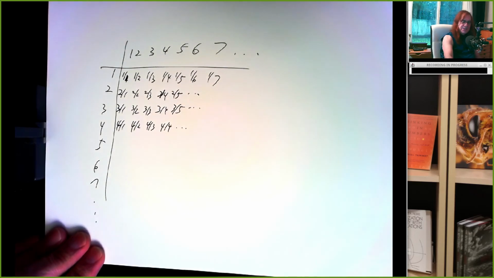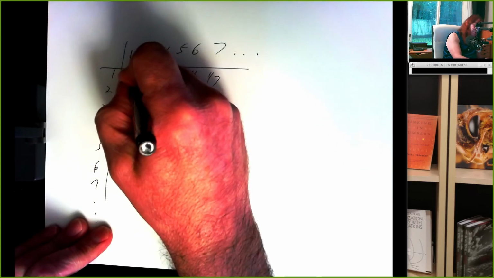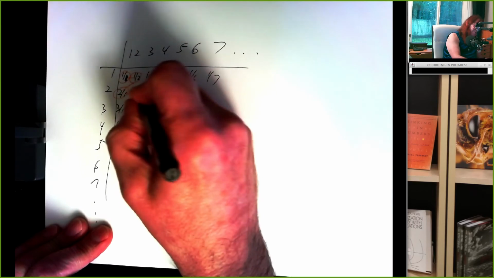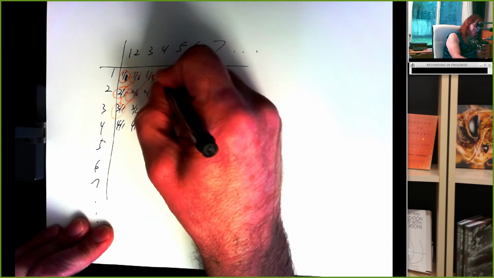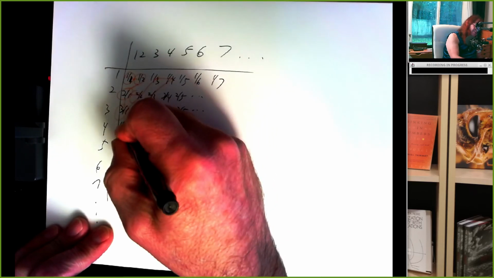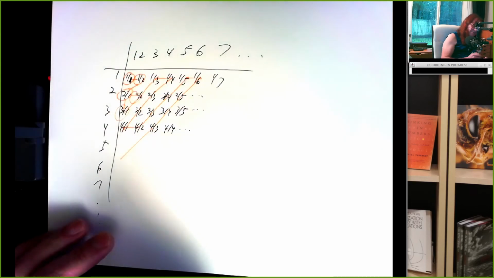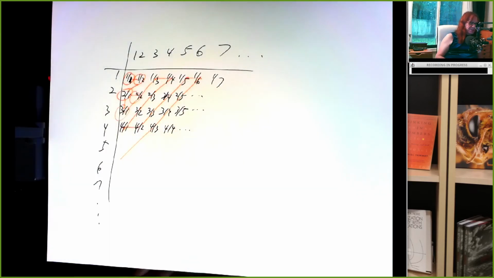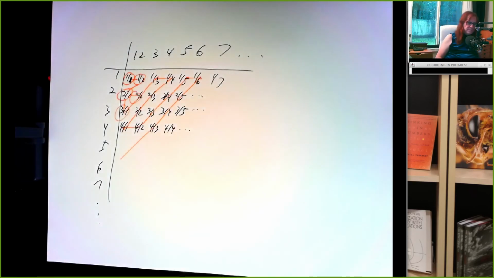And it's really easy to do. Start up here, move over one spot, come down one spot, move down one, go up the diagonal, move over, go down the diagonal, move over, go up the diagonal, move over, go down the diagonal. I can define a path through this set of fractions, and every fraction is somewhere on this path.